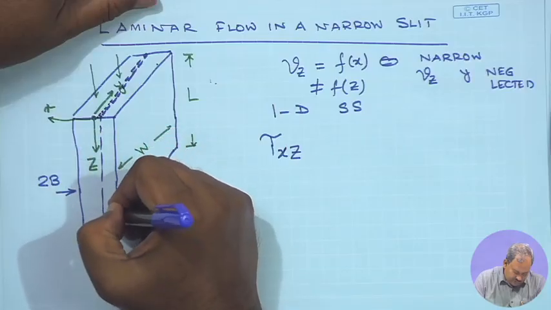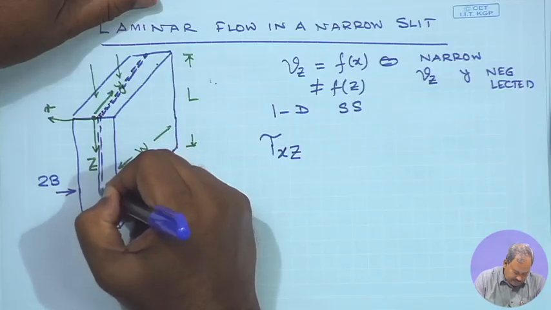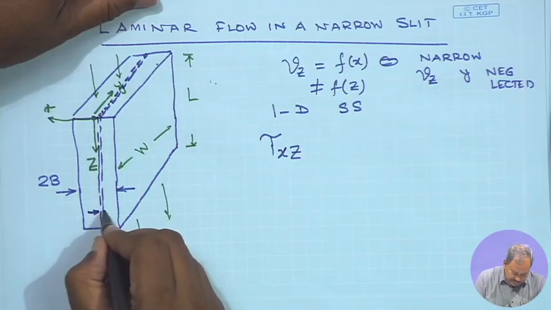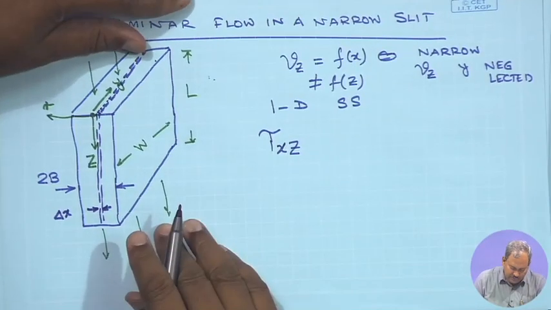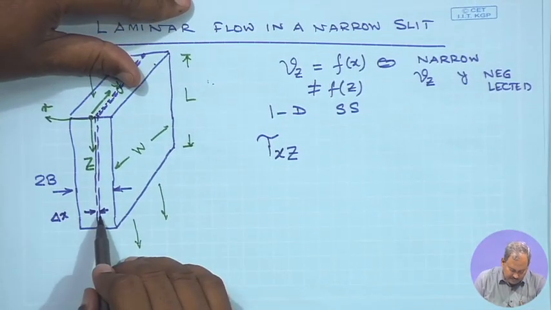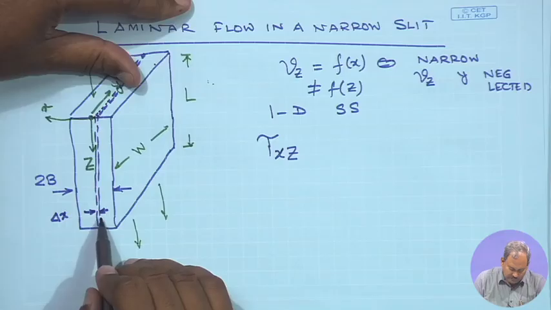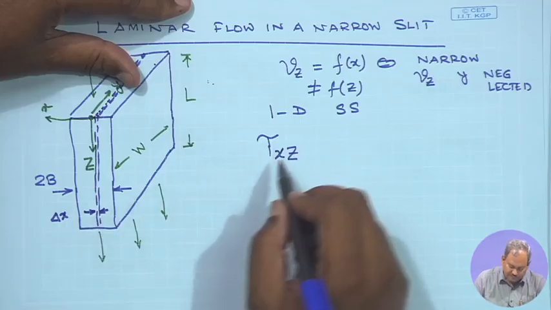The shell is going to be of thickness delta x, because that is how we draw our shell, in the direction in which the dependent variable, velocity in this case, keeps on changing.